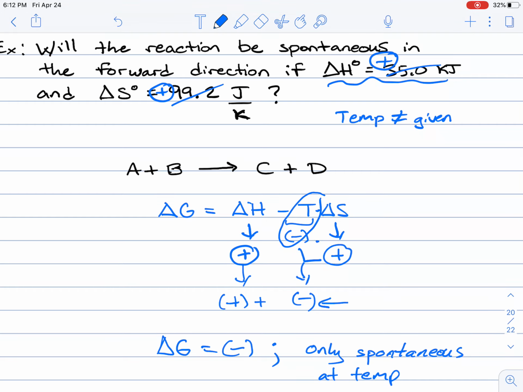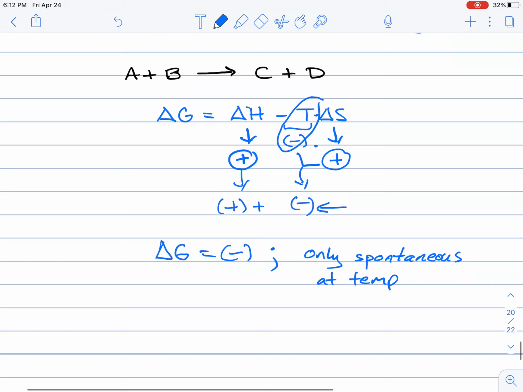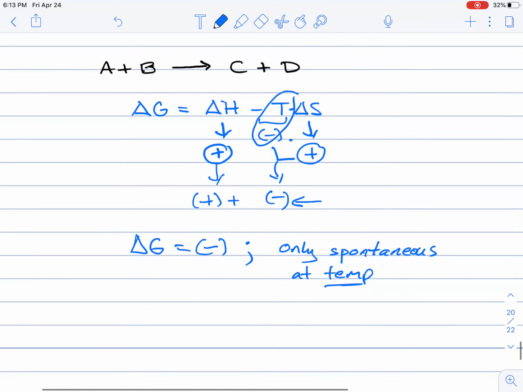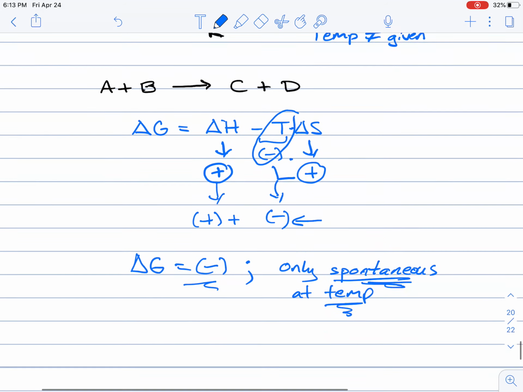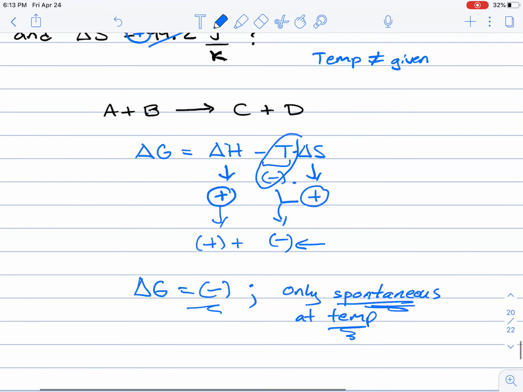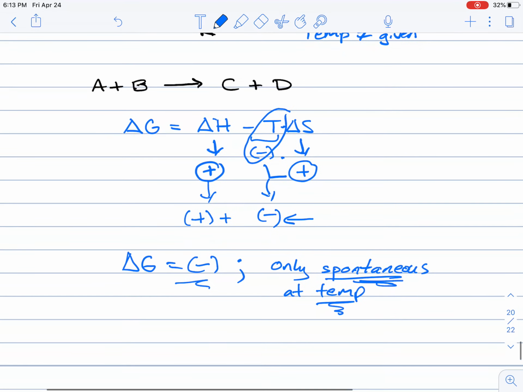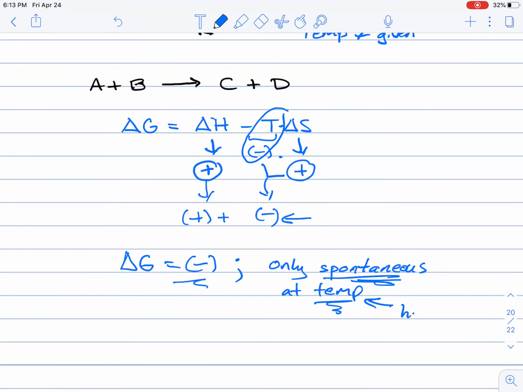But I'm going to leave that for a future lecture. And so for now, you, quote unquote, don't know how to determine the temperature that will determine when this reaction will be spontaneous. The only thing that you do know is that the temperature must be very high.